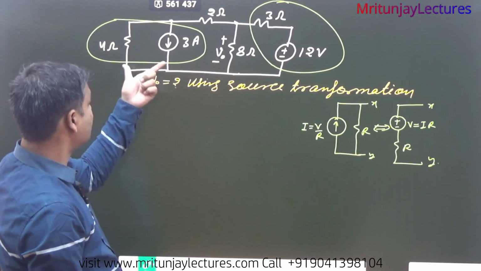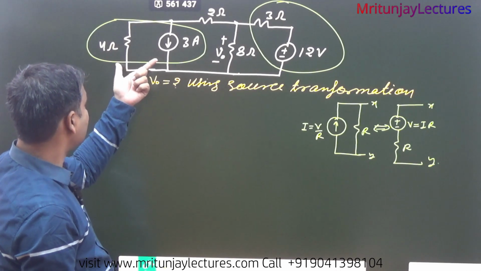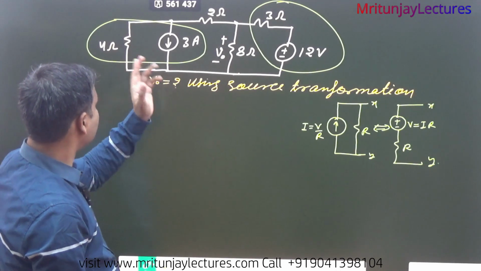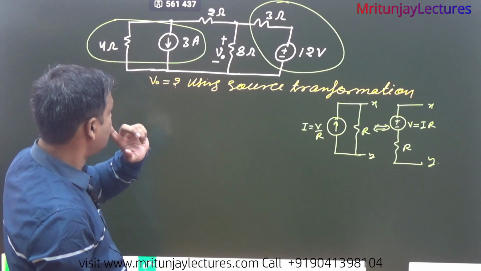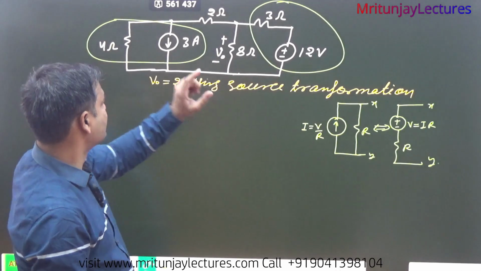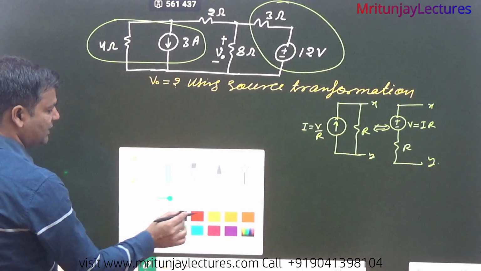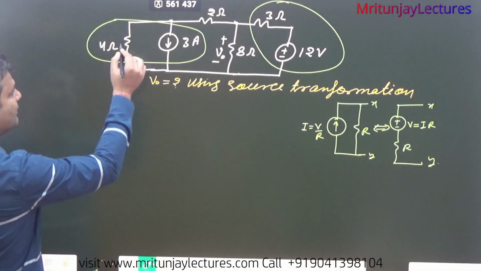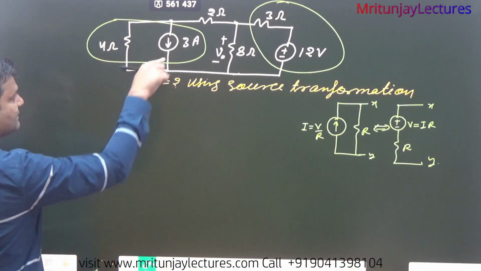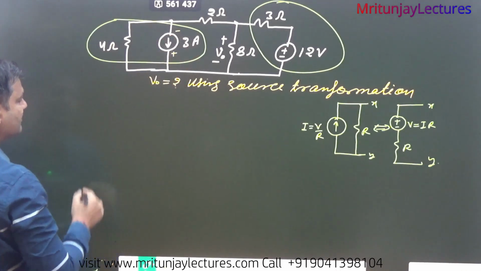So if this one is converted into voltage source, then what is the advantage? Because we got in series, and this one is also converted to current source. So first of all, this one is converted to voltage source. How can we change? Simply 4 into 3. Direction of current is downward, it means here positive, here negative.